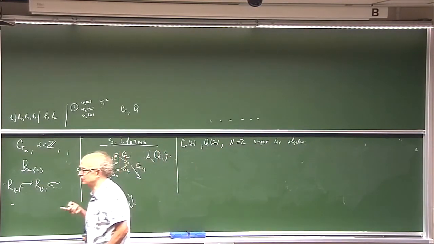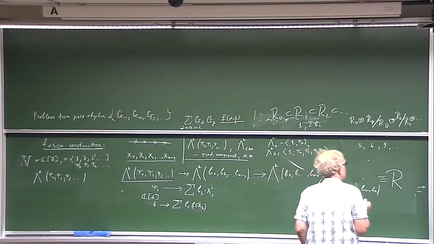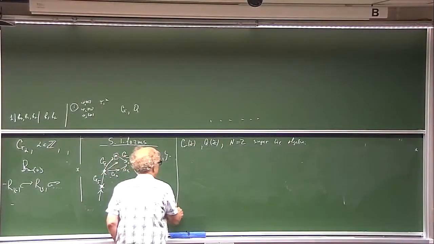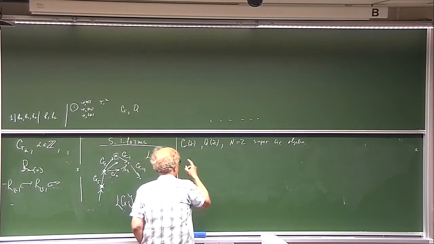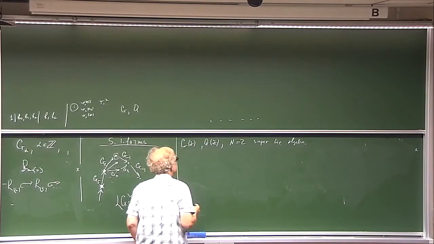Let us return to the beginning of the story. Again, there is the problem about the algebraic relation of this and this.